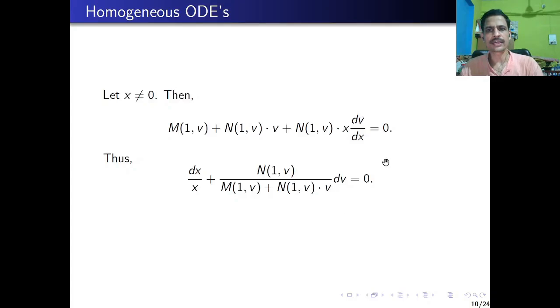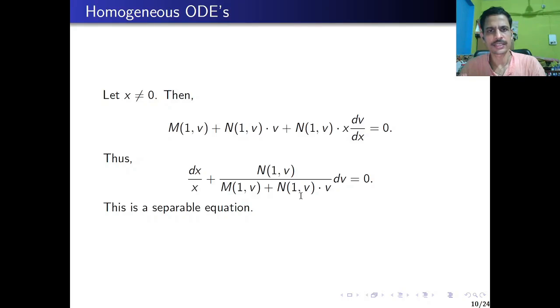So we have rewritten the differential equation in this particular form, and you can see that this is a separable ODE in the variable x and variable v. So we know how to solve separable ODEs, so we can solve this differential equation. This method we are going to use to solve homogeneous ODEs.